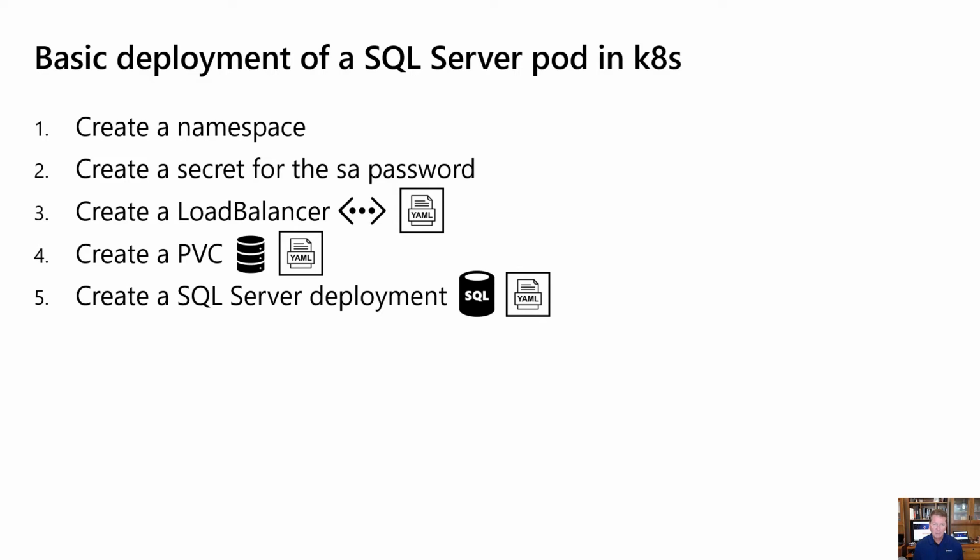Step 5, we're going to create the SQL Server deployment itself. Another YAML file where we're going to declare things like what is the container image for SQL we're going to use. We're going to put labels in here. We're going to tie in the load balancer and the persistent volume claim for our storage. We'll end up mapping that into a folder in the SQL container like var/opt/mssql. So you see how that works together when we look at the demonstration.